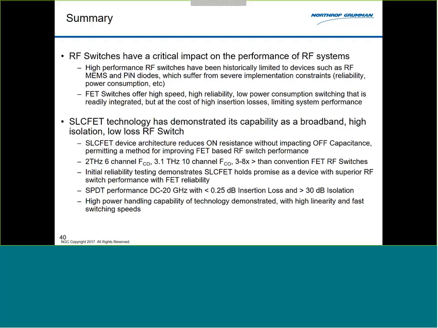All those things matter. To achieve really high quality switch performance, the kind of switch that our system folks would want to introduce into their systems, you do need a process that deals with those interface states appropriately.